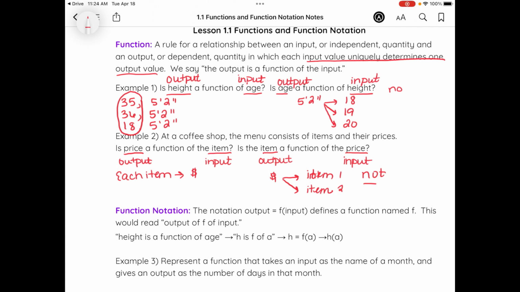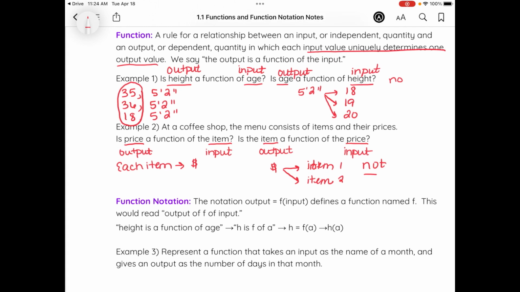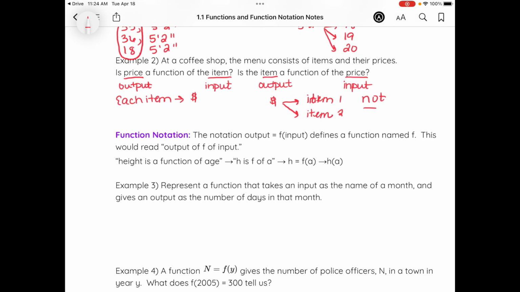Which leads us to want to define what function notation looks like. In our example above, height is a function of age, we could also write it as h, assuming h is height and a being age, so h is f of a, or h of a. Ideally, this is where we want to focus our energy when we're writing functions.